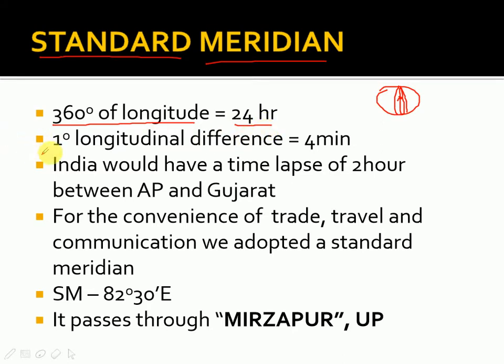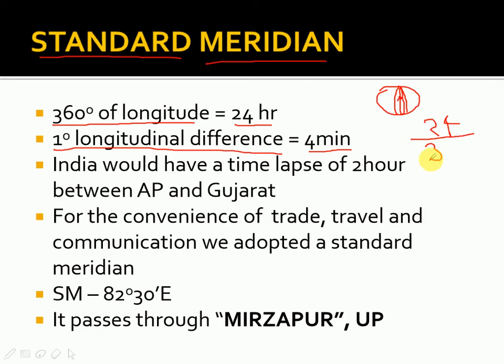So 1 degree longitude, or longitudes which are separated by 1 degree difference, would be separated by a time lapse of 4 minutes. Simple mathematics, you just need to divide 24 hours by 360 degree.